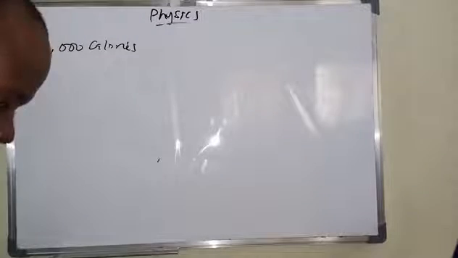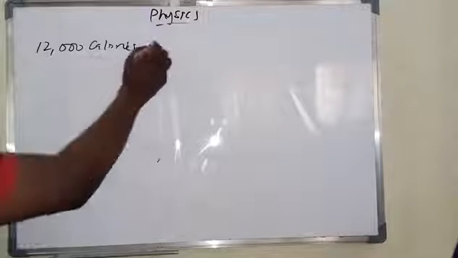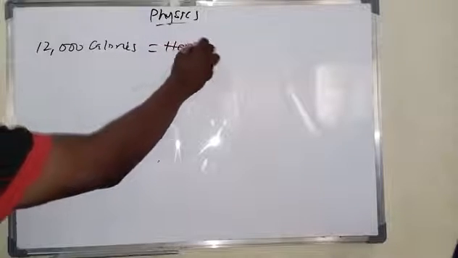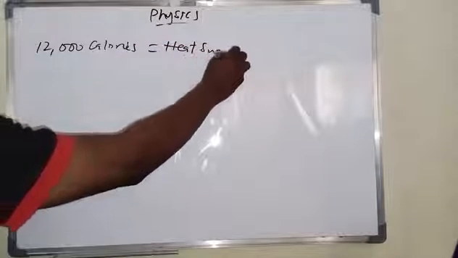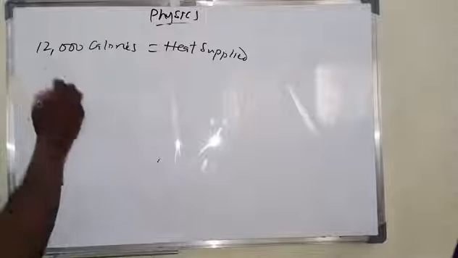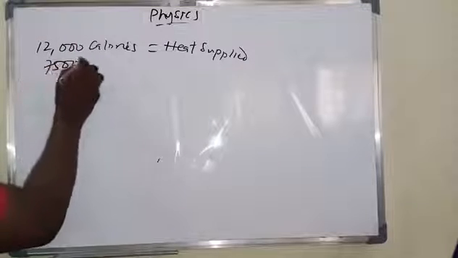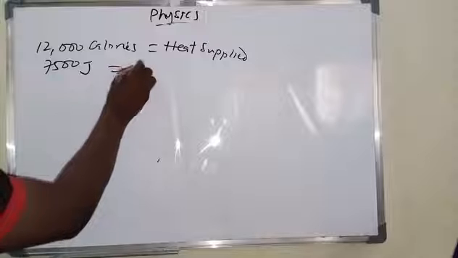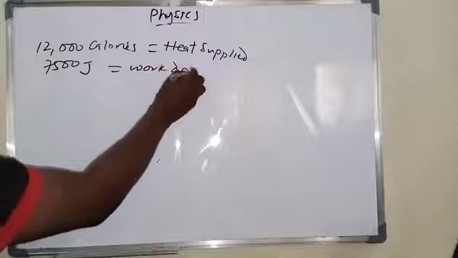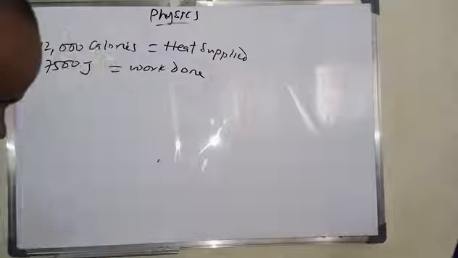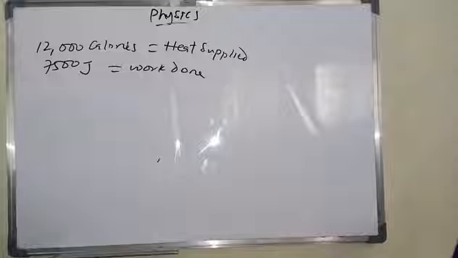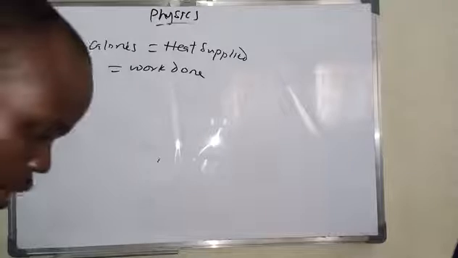This is the quantity of heat supplied. Then the work done is 7500 joule. So when this heat is applied to the system, it does a work equal to 7,500 joule.